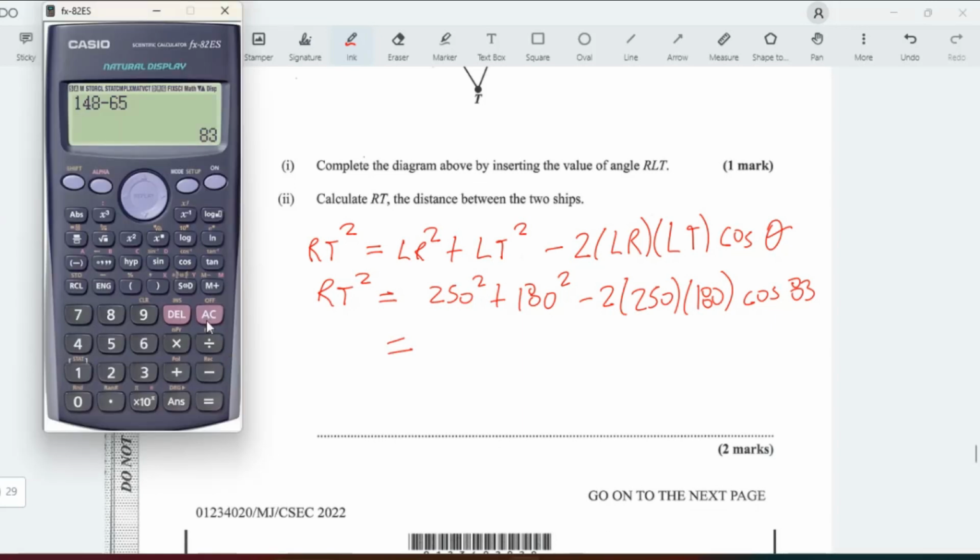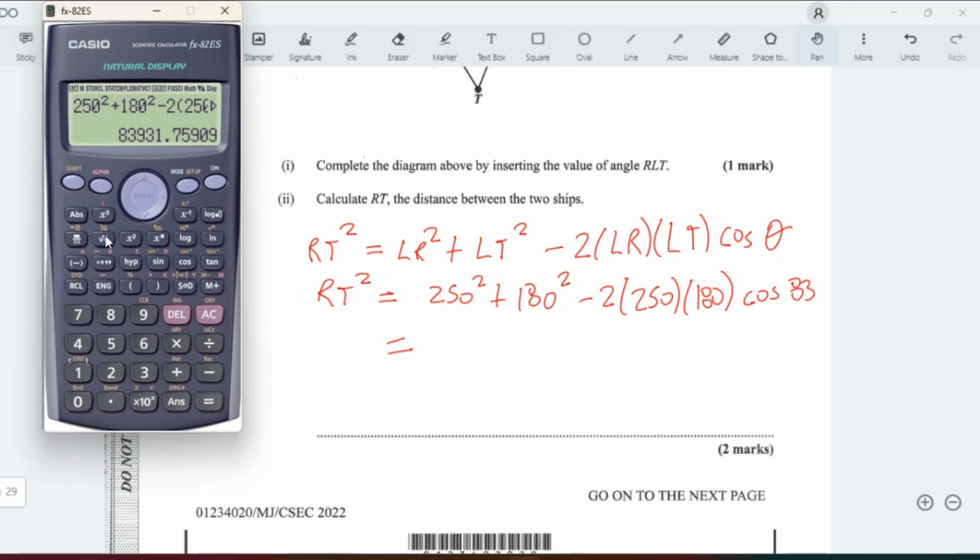On your calculator, 250 squared plus 180 squared minus 2 times 250 times 180 times the cosine of 83. Punch that in the calculator, and then this is RT squared.